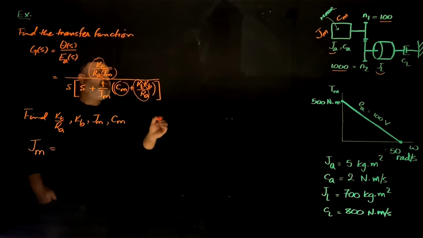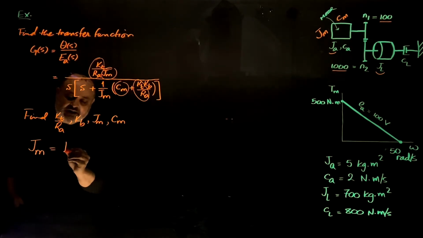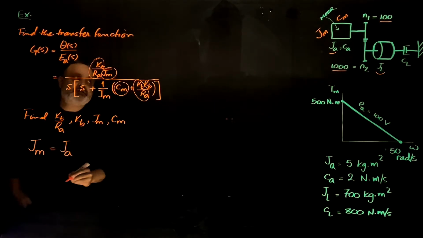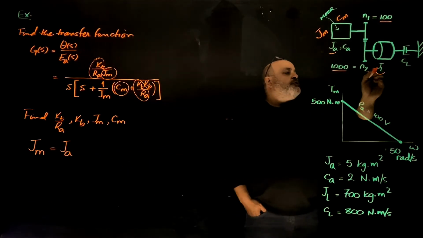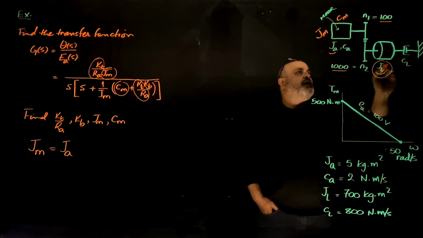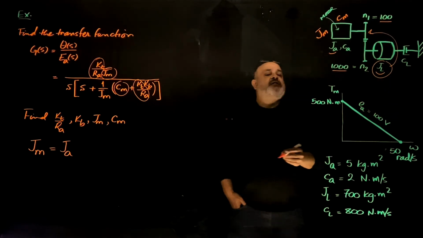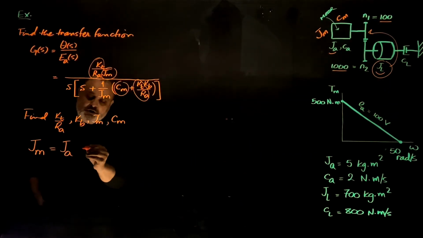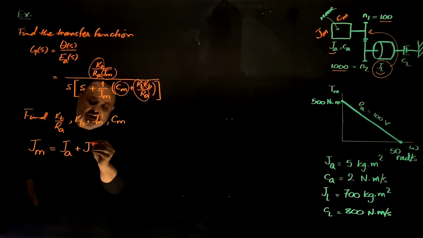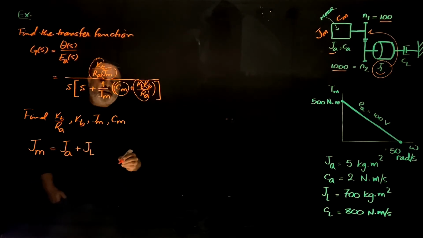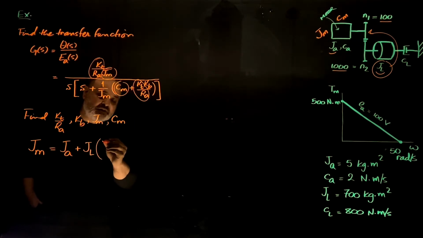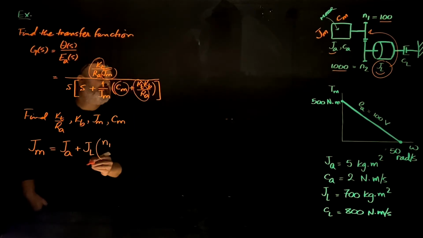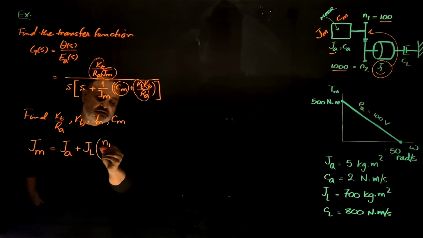Jm is at this axis, at the motor axis. I have Ja, the mass moment of inertia of the armature, and then I'm going to move this Jl to this axis, and I've done this before. It's Jl times the target number of teeth. The target axis is N1, the source axis is N2.